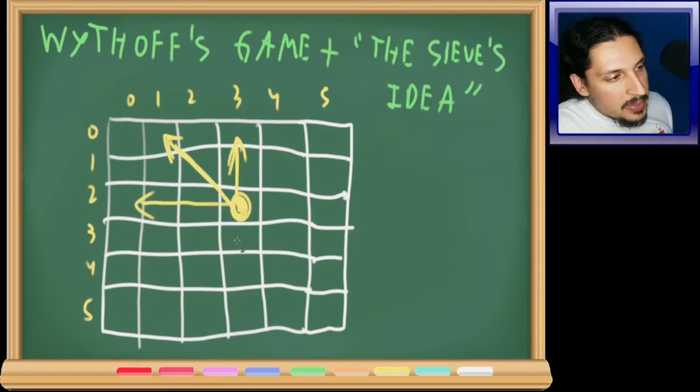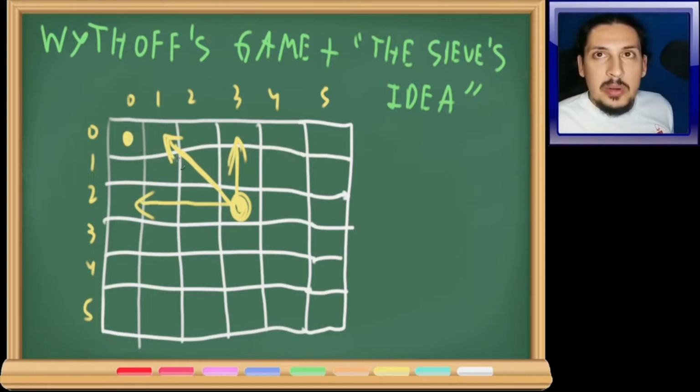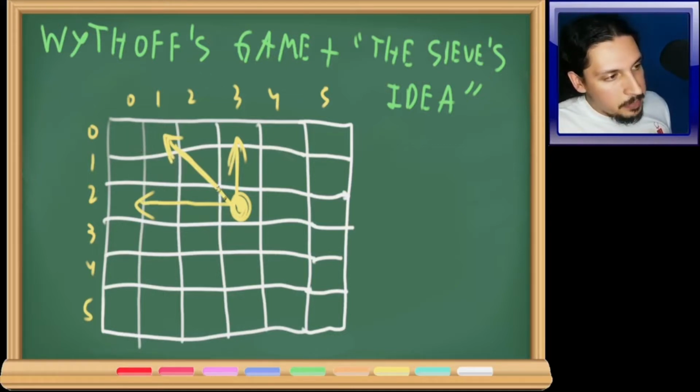These are the rules of the game, and basically the one who cannot move loses. So the one who moves here will win because the other one won't be able to play. Okay, great. So how do we compute for each cell whether it is an n or p position? Well, it's easy. This position is a p position because if you're there, you lose. And then you start computing.